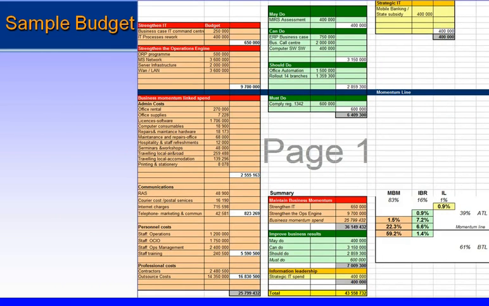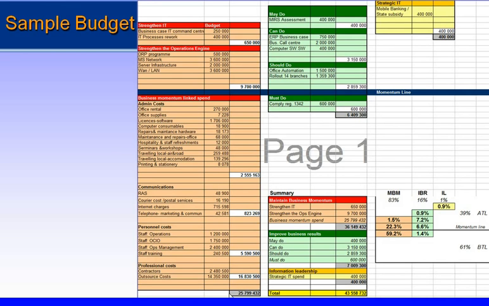First thing you'll notice is that I've kept the colors: red for MBM, green for improved business results, and yellow for information leadership. Then you'll notice that the running of the operational engine in this case costs some 26 million.